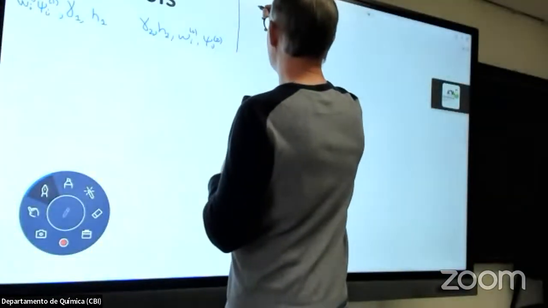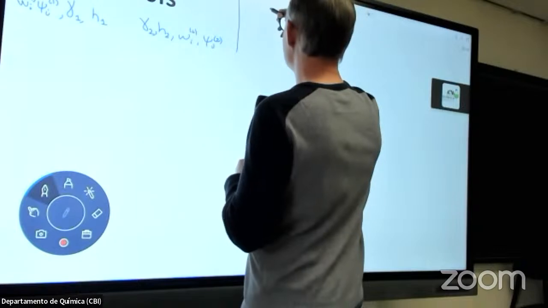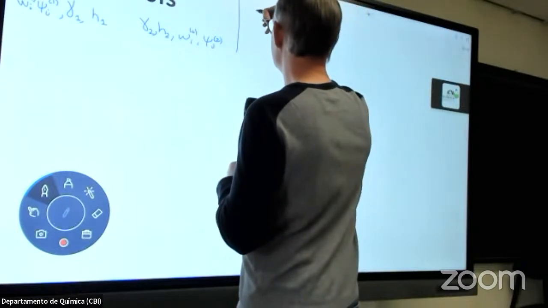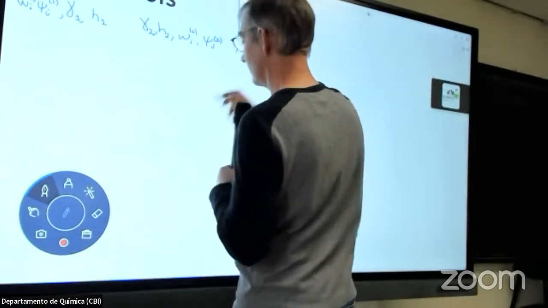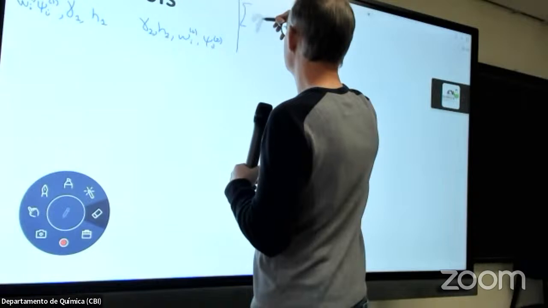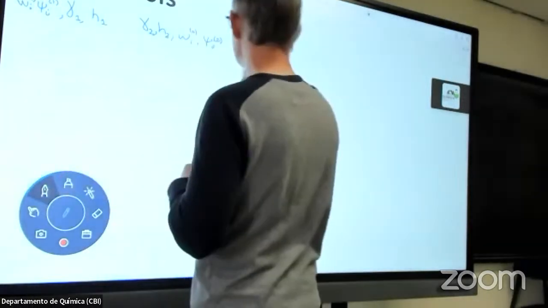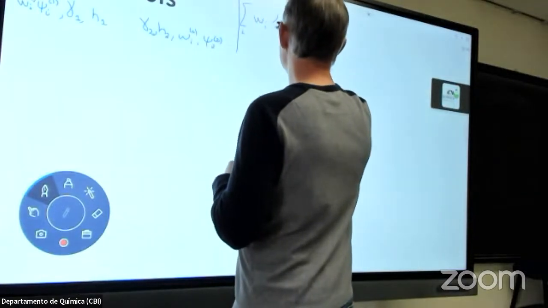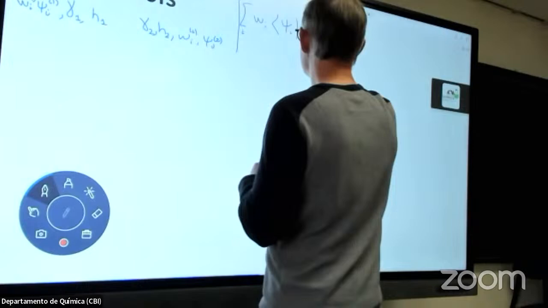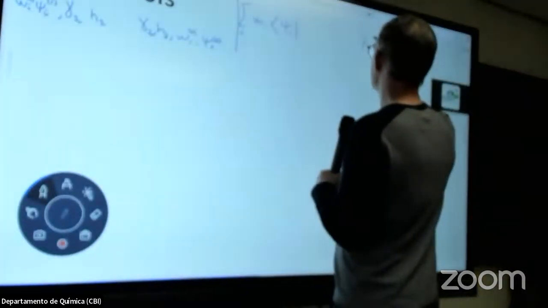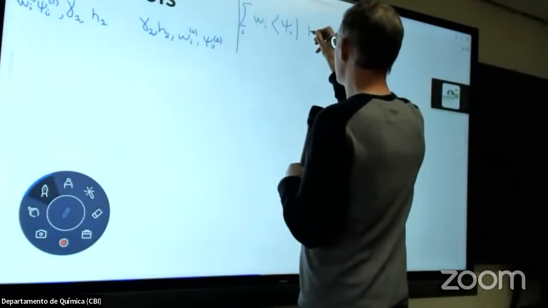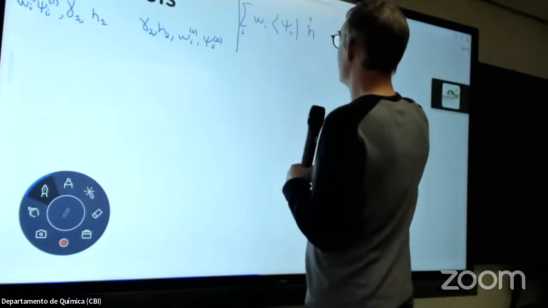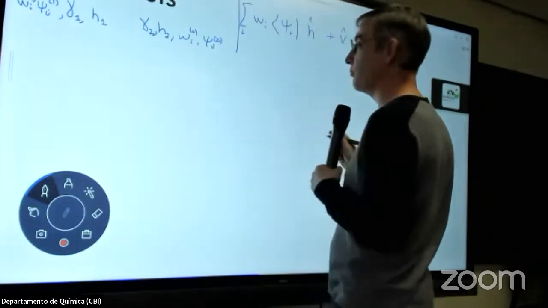Now, it's helpful to remember that if I gave you the sum over I, WI, the expression looks like some Hamiltonian one body part plus a two body part.